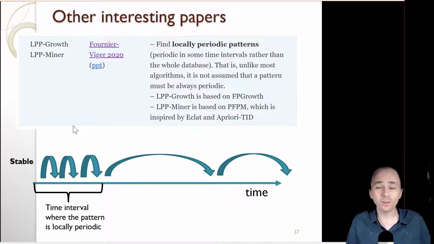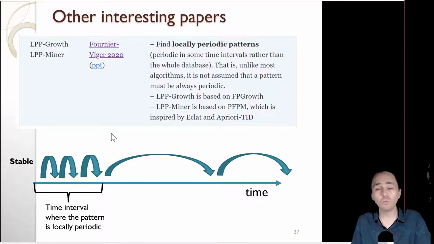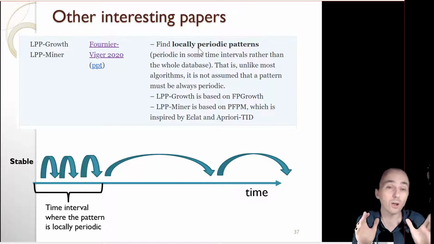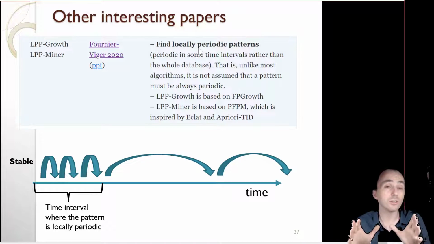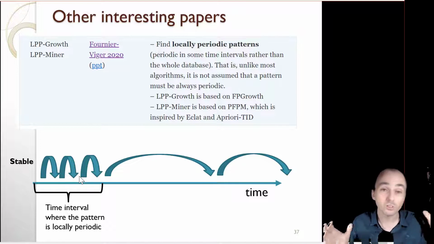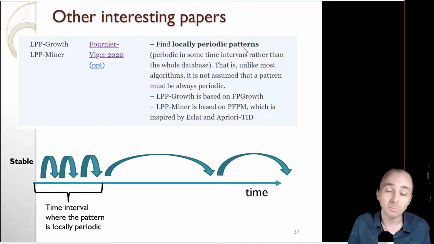Now, another interesting problem to go beyond this, to find something more useful in real life, we made another observation. Maybe the patterns are only periodic during some time interval, but not always. So maybe a pattern is only periodic during the summer, for example, but not during the whole year. So we designed a new problem to find the local periodic pattern.